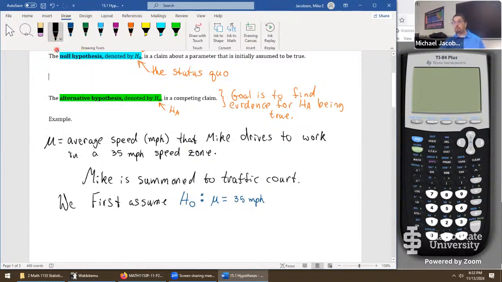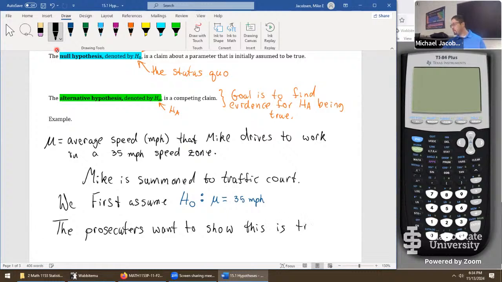Now, the statisticians are the prosecutors, essentially. The prosecutors want to show this is true. That's the alternative hypothesis, HA.